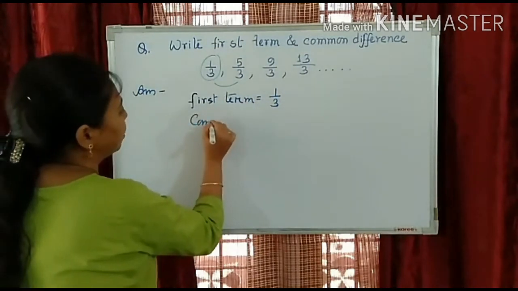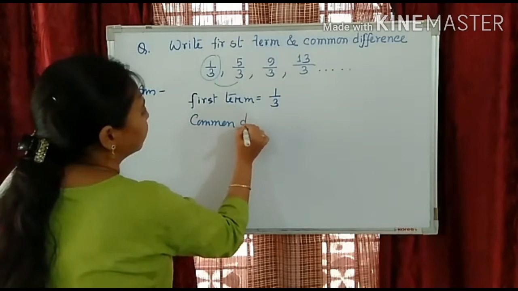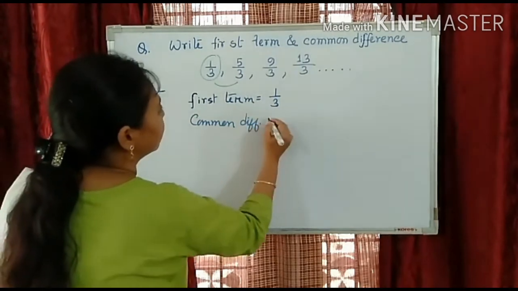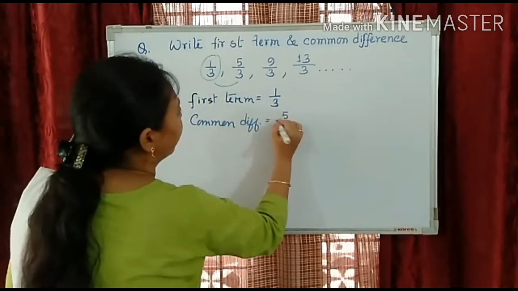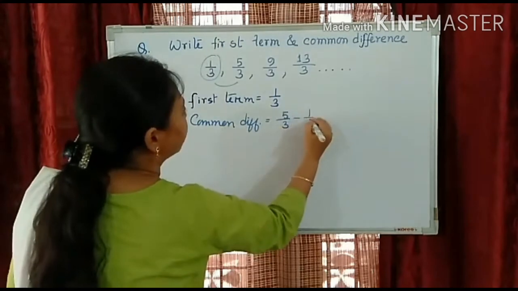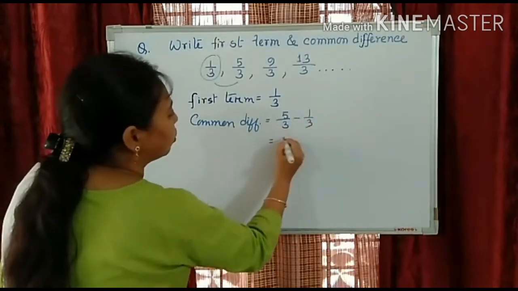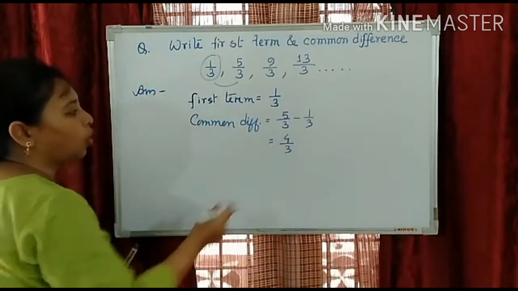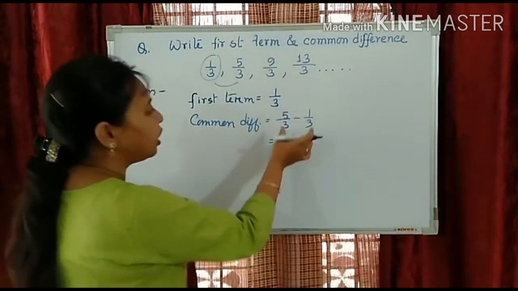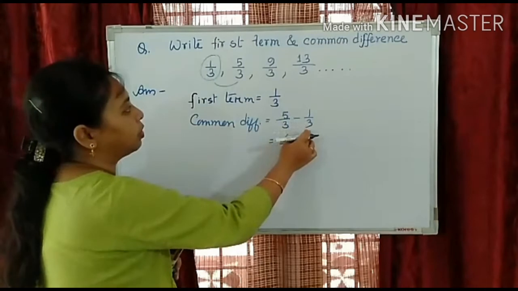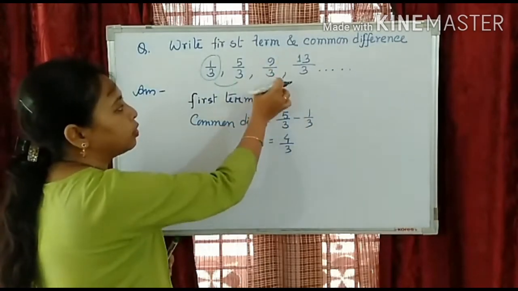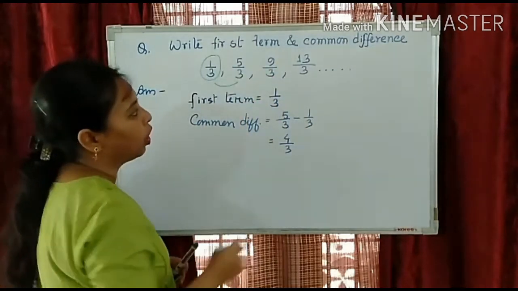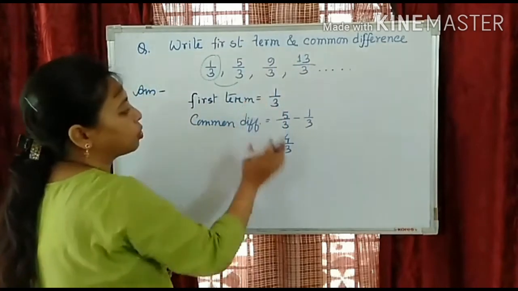Then asking common difference, you can write 5 by 3 minus 1 by 3 is equal to 4 by 3. Their difference is 4 by 3, so that is the common difference. If you are not taking 5 by 3 and 1 by 3, you can take any other, 9 by 3 minus 5 by 3, or 13 by 3 minus 9 by 3 also you can do.